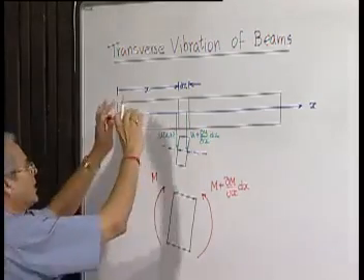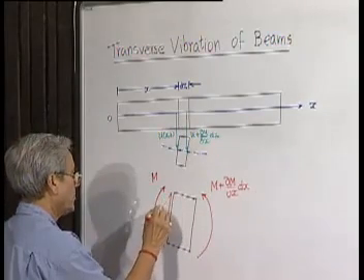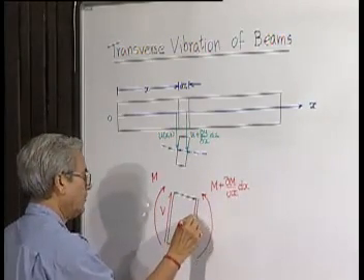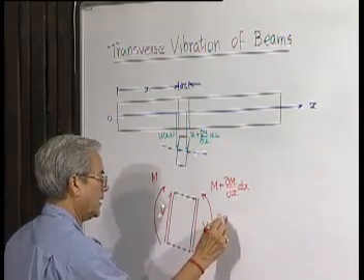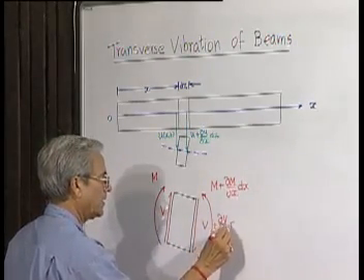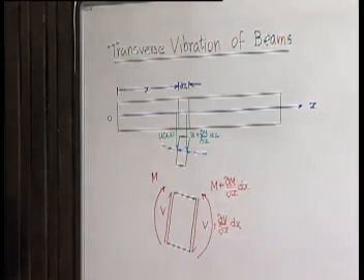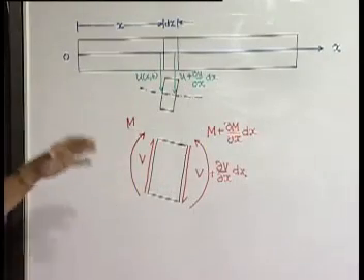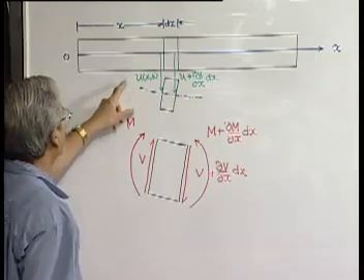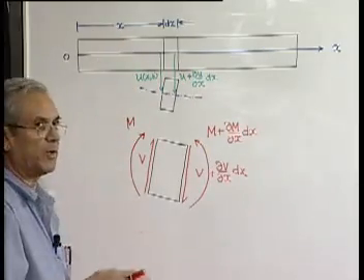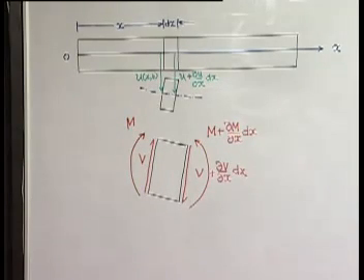Then we also know that during bending, this face will be subjected to a shear force which is say V, and the other end will also be subjected to V plus del V. Now all these quantities V, M, u are continuous functions of x, and at each point there is a value depending on that x multiplied by a harmonic function of time, so that everything fluctuates harmonically with time with the same frequency.